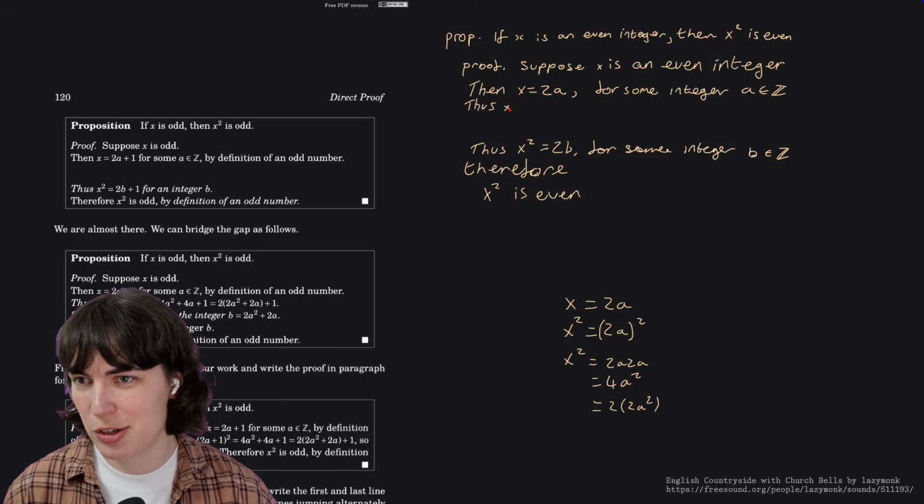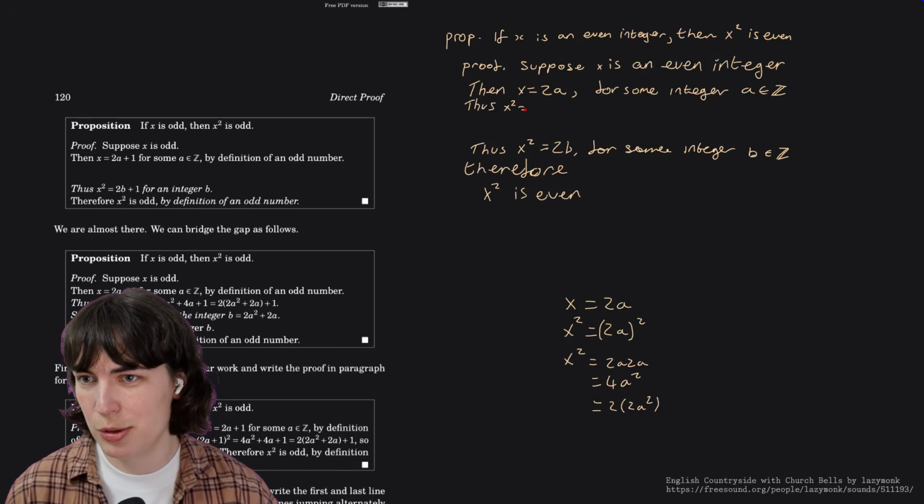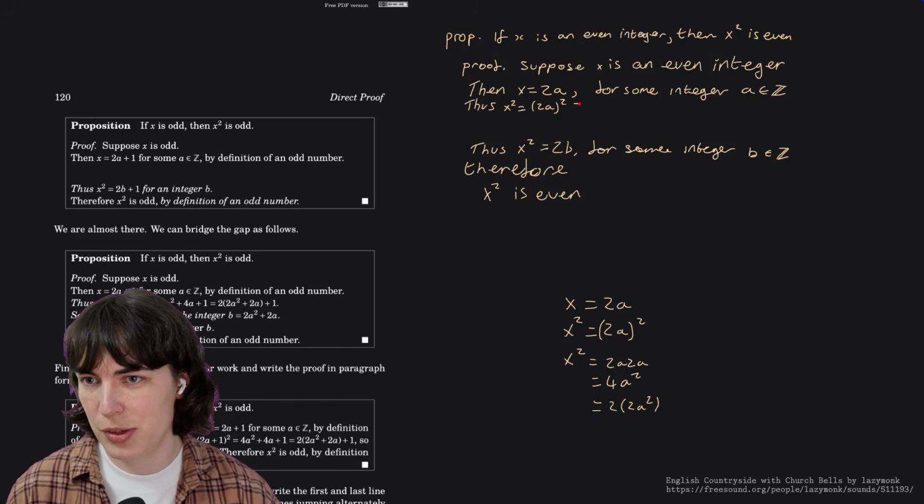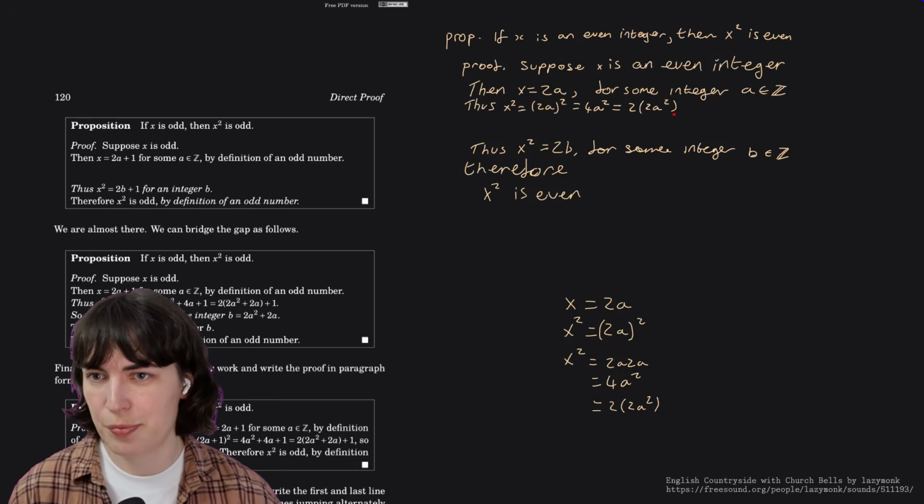Okay, a little larger than that. X squared equals 2a squared equals, I don't know, 4a squared equals 2, 2a squared.